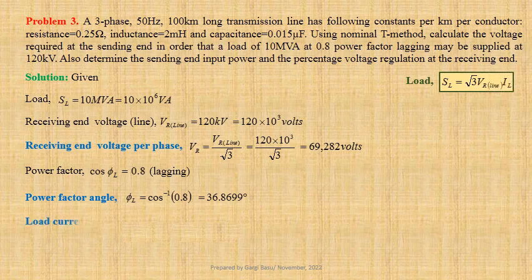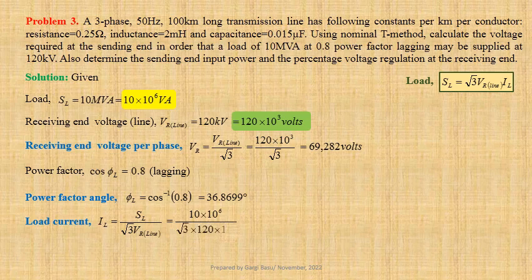Expression for load SL equals to root 3 times VR line into IL. Therefore, load current IL equals to SL divided by root 3 times VR line. Using values we get 10 into 10 to the power 6 divided by root 3 into 120 into 10 to the power 3. That gives us 48.1125 ampere.